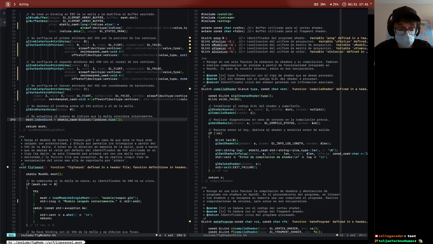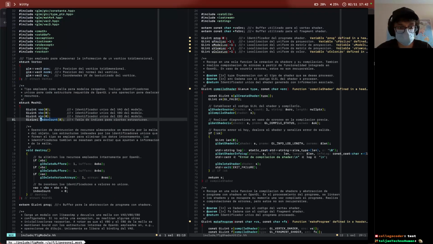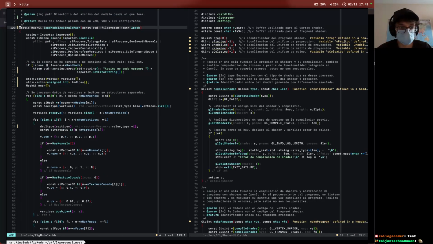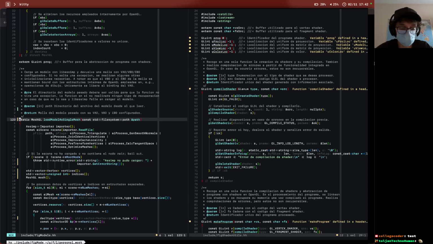We update the index count, which was that other GLsizei platform-independent type that we used for the number of indices, and we use, wait a second, it was GLsizei, so it was a signed integer-based size type and not an unsigned one. And we get the size of that, of course, and then we finally return the mesh. I don't think I have to change anything else from the last changes that I made other than that.